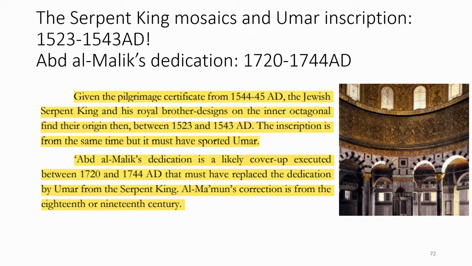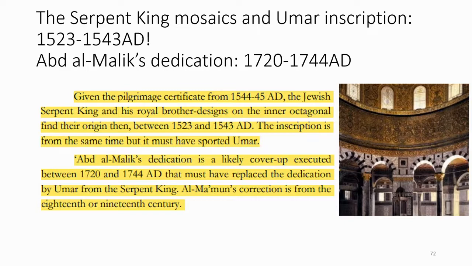Now, given the pilgrimage certificate from 1544 to 1545, the Jewish Serpent King, which is that elaborate design that we saw earlier in the presentation, and his royal brother designs on the inner octagonal find their origin then between 1523 and 1543. The inscription is from the same time, but it must have supported Umar.